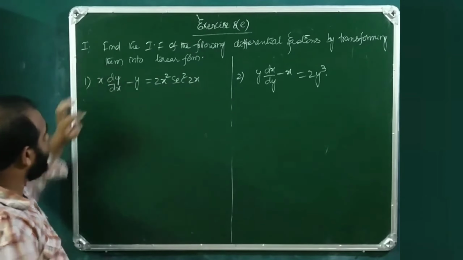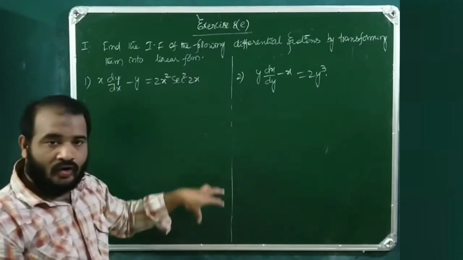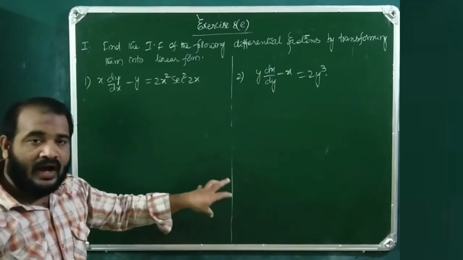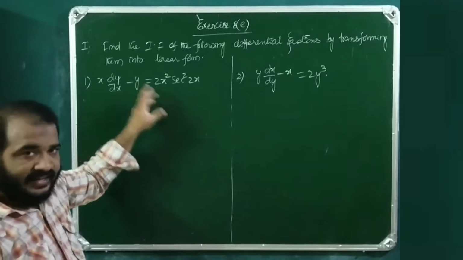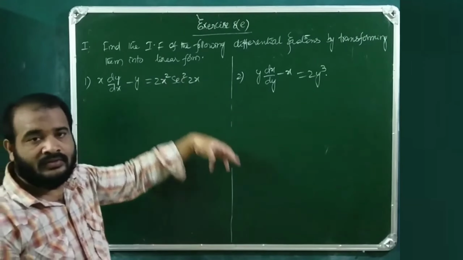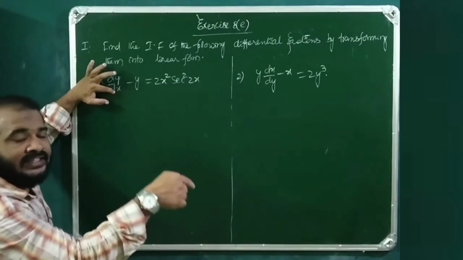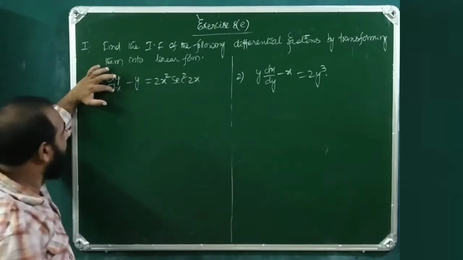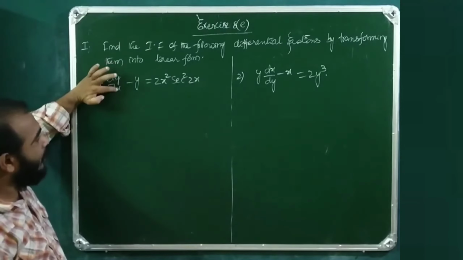After explaining everything, I realized it and corrected it, and I am shooting this solution again. In the textbook dx by dy is mentioned; it is not dx by dy, instead it is dy by dx.